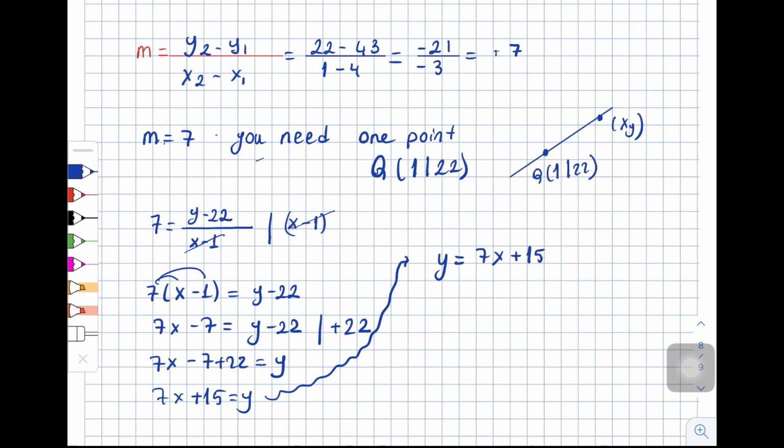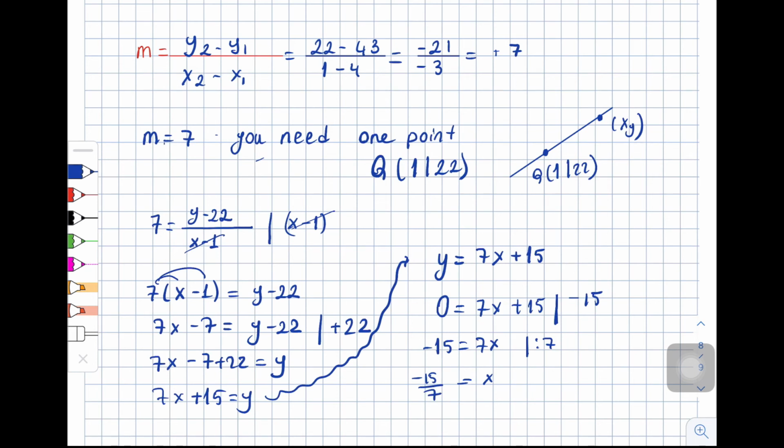That's it. Does it ask for the Nullstelle? No, but let's do the Nullstelle. It's easy. Nullstelle means y is 0, so 0 is equal to 7x plus 15. Let's subtract 15. Minus 15 is equal to 7x. Divided by 7, x is equal to minus 15 over 7.